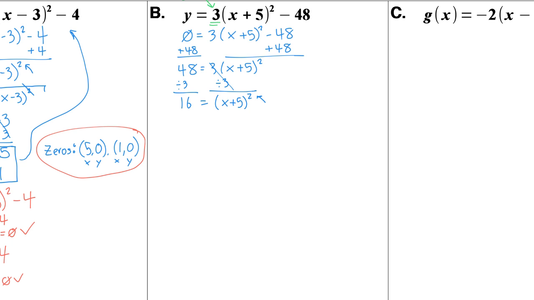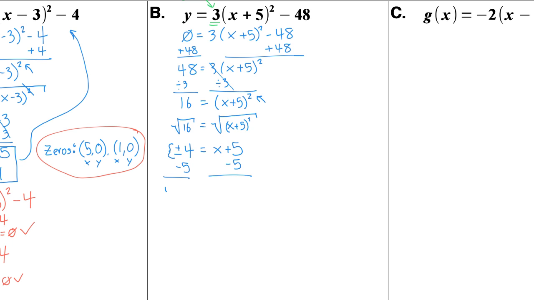Now we need to get rid of the exponent, so we're going to do the square root of 16 equals the square root of x plus 5 squared, like that. We get positive and negative 4, and we just get the x plus 5 from inside. Our next step would be to subtract 5 from both sides, and this is again where we have to remember we've actually got two numbers that we're working with here.